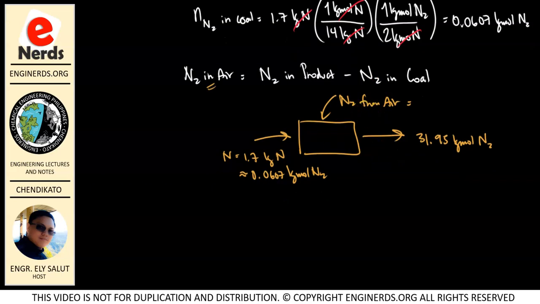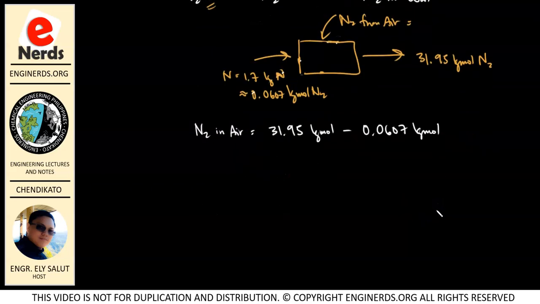So, let us now try to solve that. Okay, so N2 from air is equal to yung N2 sa ating product, which is 31.95 kilogram mole, minus the N2 from our coal, which is 0.0607 kilogram mole.